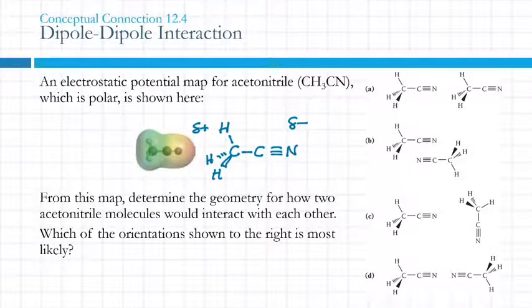So how would two molecules like that interact with each other with the maximum attraction? A, B, C, or D? Or we could go with 1, 2, 3, or 4, and you could hold up fingers.